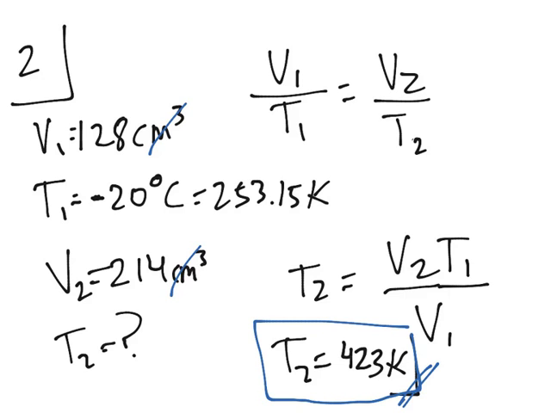Now let's do another problem. This problem states that a 12.2 liter sample, so let me write 3 here. They're telling us the volume first. Volume 1 is 12.2 liters, containing 0.50 moles of oxygen gas.